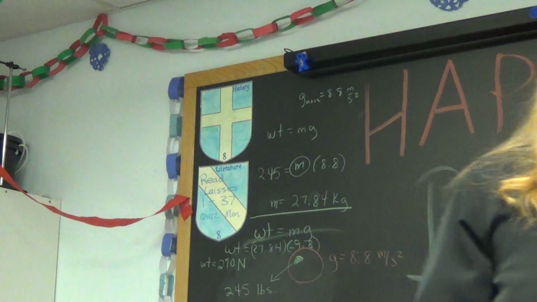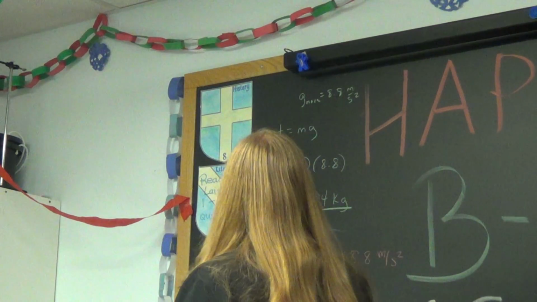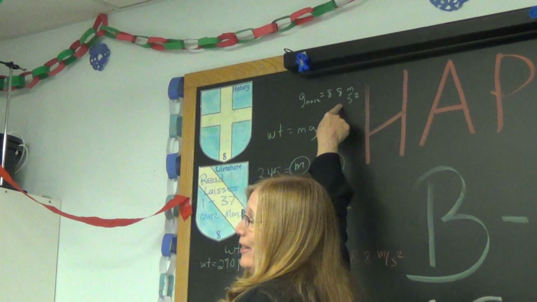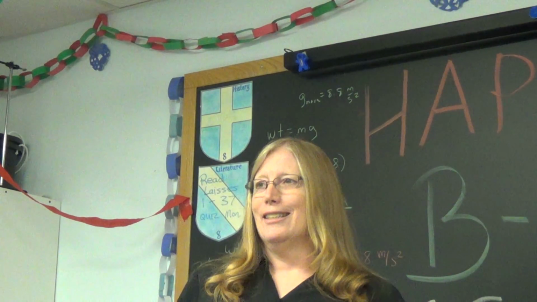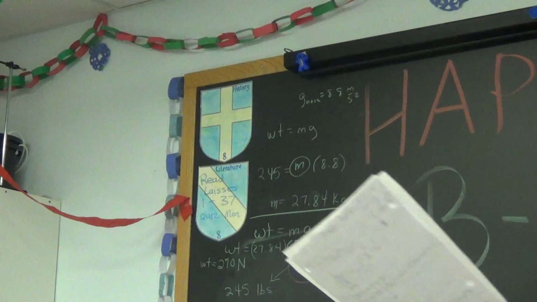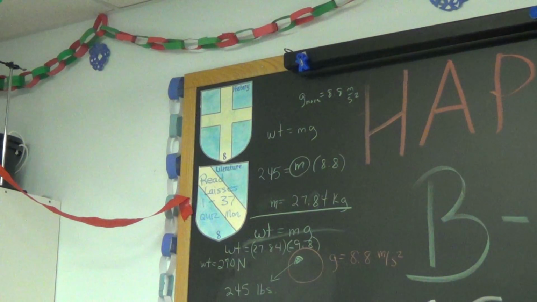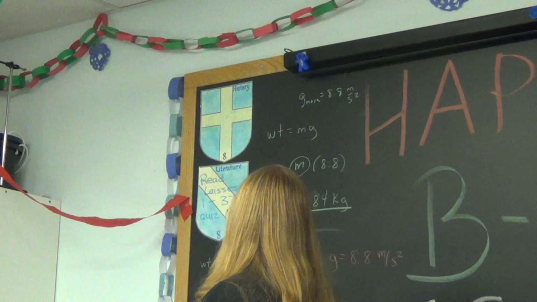You'd have to convert 245 originally. The only way we could get to pounds is to start here and convert that to feet per second squared, which no one feels like doing. I don't know how many feet are in a meter anyway. Because when I divided 245 by 8.8.